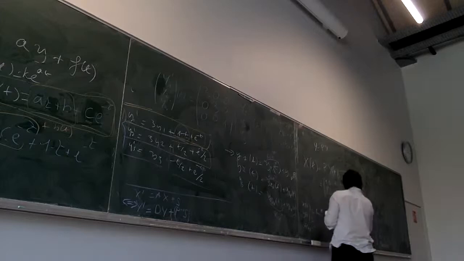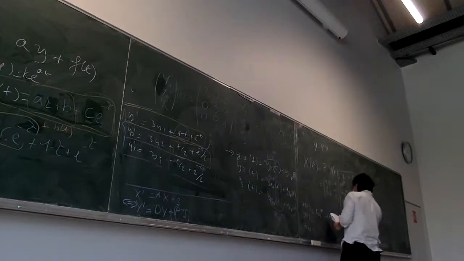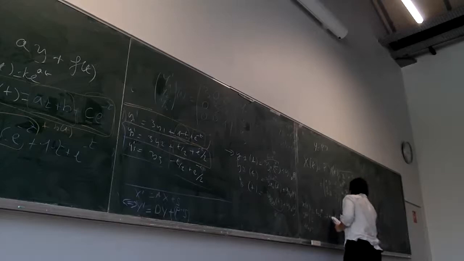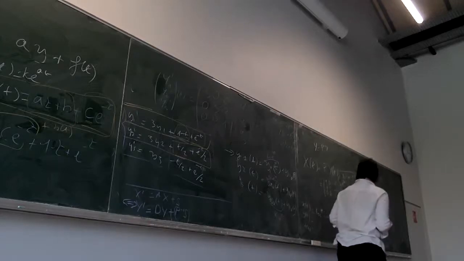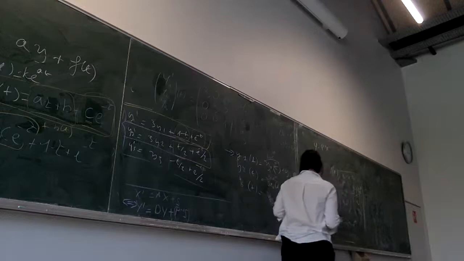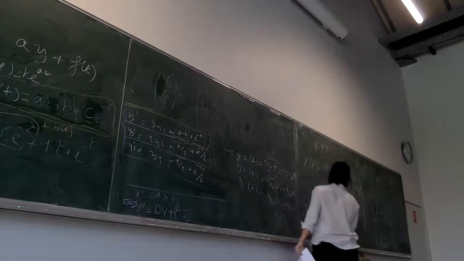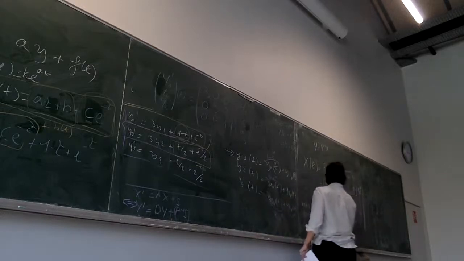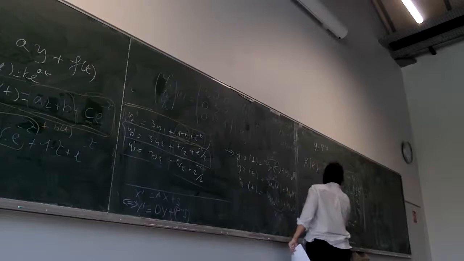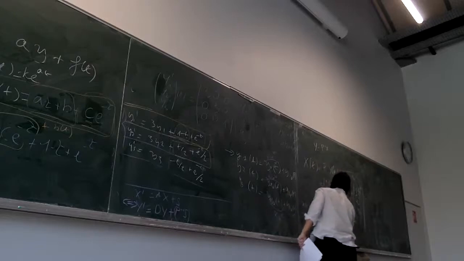Okay. All right. So I find minus 20 over 9 minus 5 over 3t minus exponential minus t. And then for the other one, I find 0 times this one.